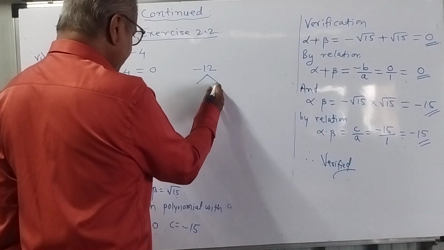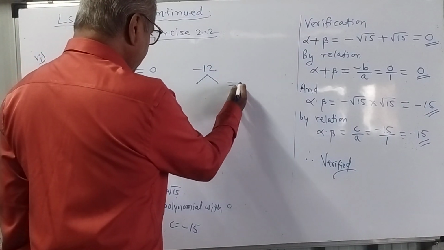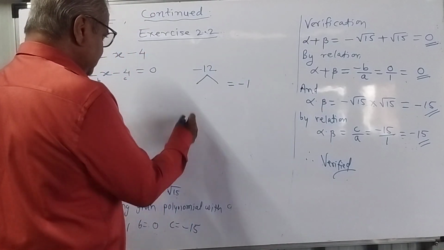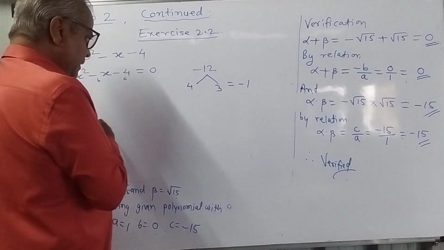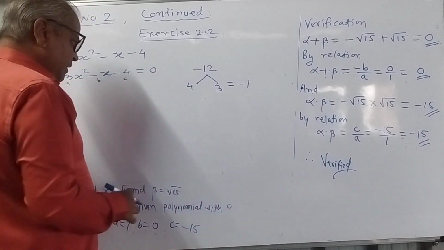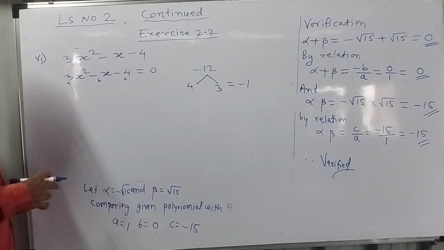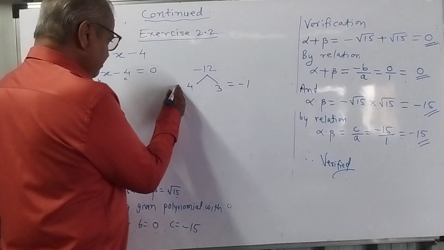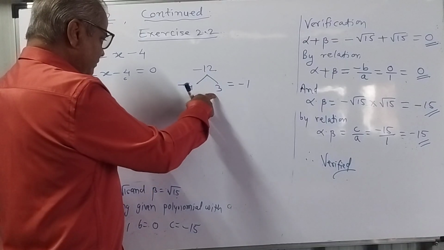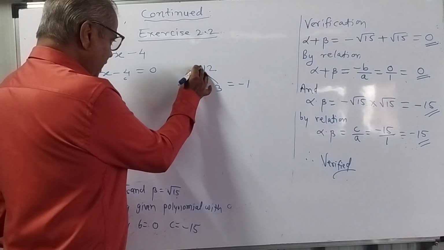minus 12 चं splitting करायचं आहे, so that I should get minus 1 as a horizontal sum. So 4 into 3, middle term चं sign bigger splitting ला. So always remember bigger splitting has to be given middle term sign. So middle term sign is minus, and to give the sign for 3 we need to look at this sign.